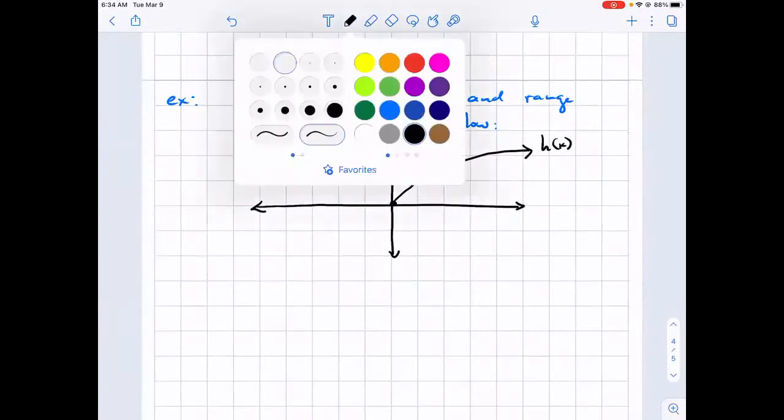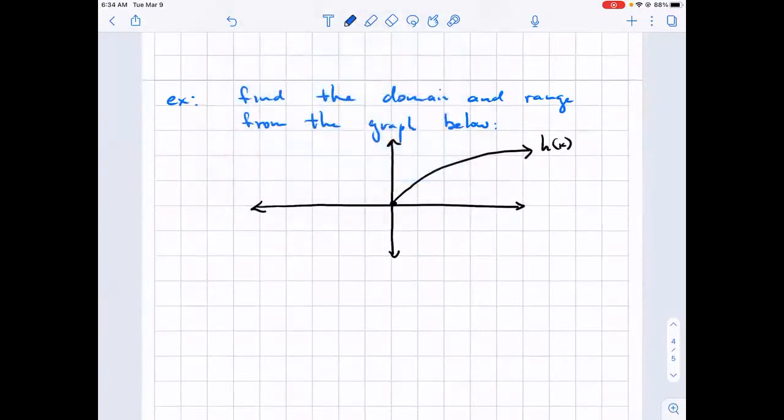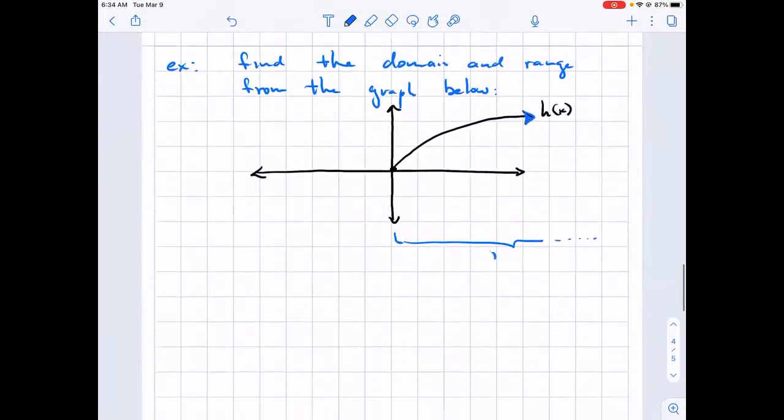So you will notice that there is no break in this function here. So the x value, the domain will be from here, and notice that it goes continuous, okay? This here has an arrow to it, so that means it doesn't stop. So this is your domain.